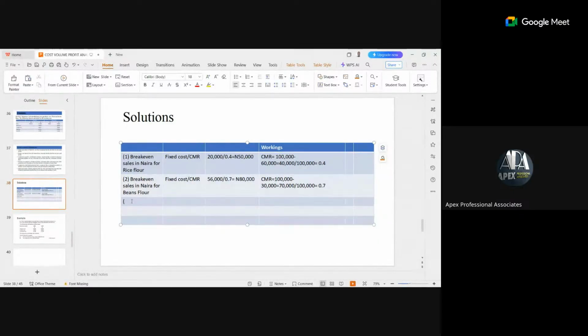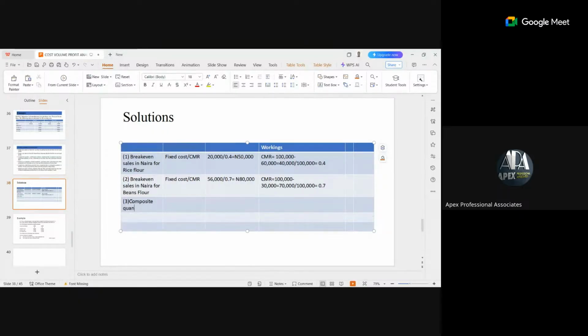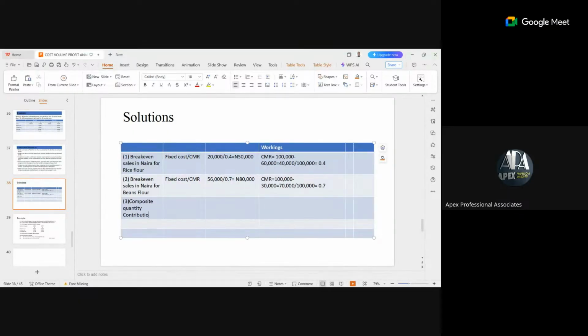So for this, let me just write composite quantity contribution. Let me say at this point, I have rice.